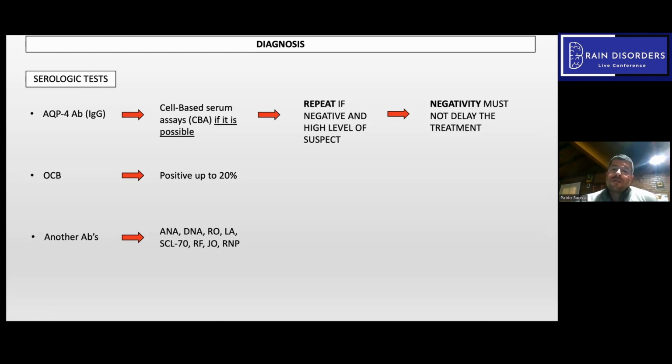We have to repeat it if negative and there is a high clinical level of suspicion, but negativity must not delay the acute treatment of the relapse. The oligoclonal bands could be positive in up to 20%. And as we said before, like the 2015 criteria said, other antibodies could be positive, like ANA, DNA, Ro, La, SCL70, rheumatoid factor, anti-Jo, and RNP. Next, please.